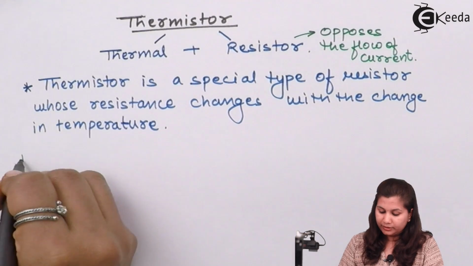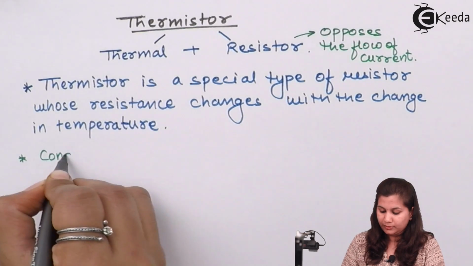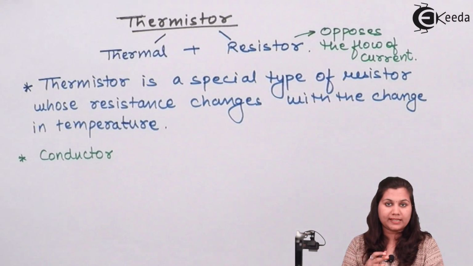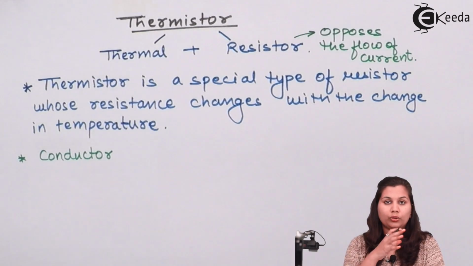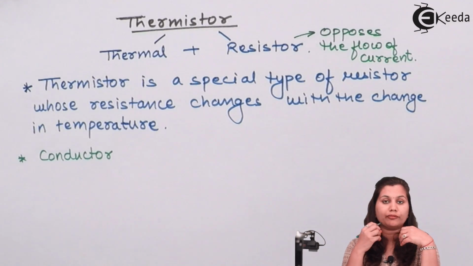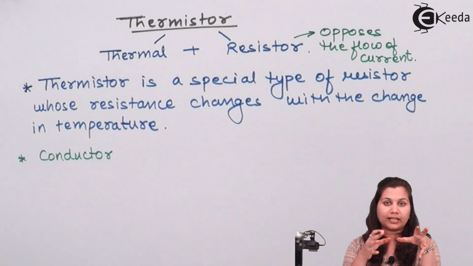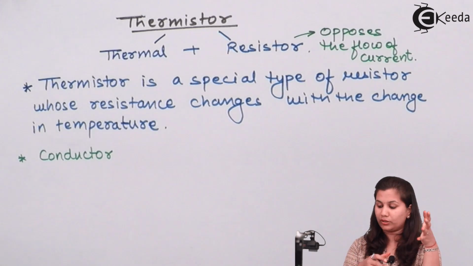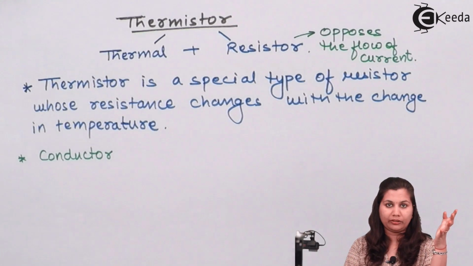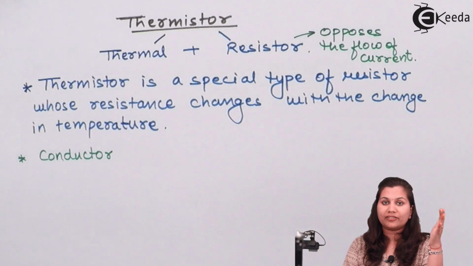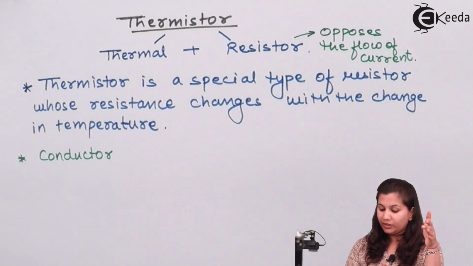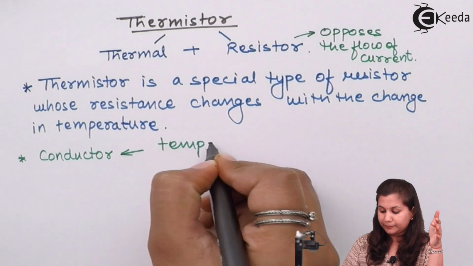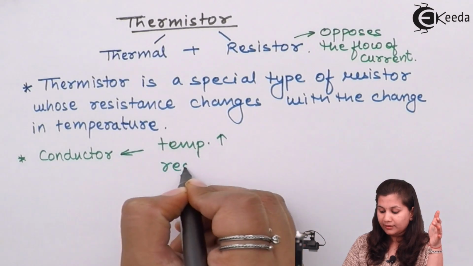So in a conductor, when temperature is increased, the flow of electrons in a conductor increases, and due to the increase in flow of electrons, the flow of current also increases. So we can say that the resistance decreases. So here we have seen that in a conductor, when temperature increases, resistance decreases.